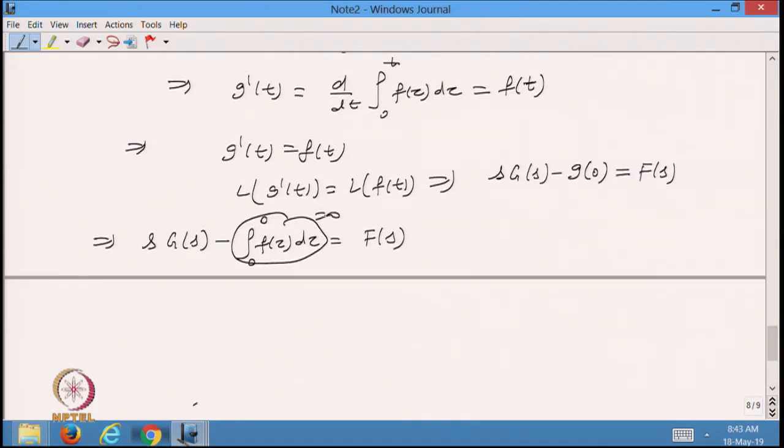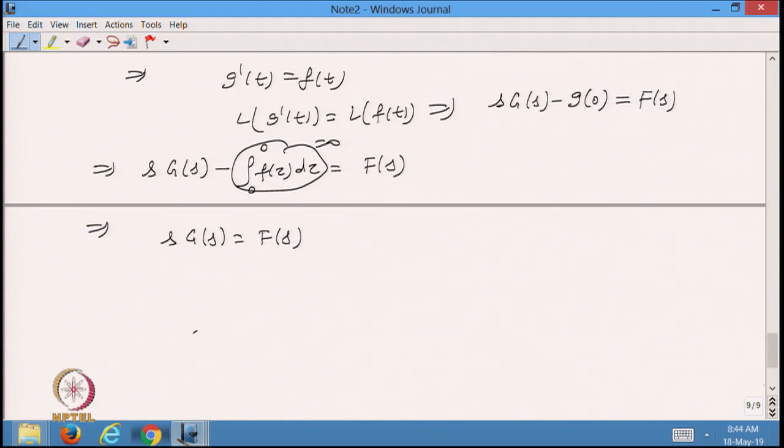So, this is equal to 0. So, from here I will get s G of s is equal to F of s, so my G of s is F of s divided by s.